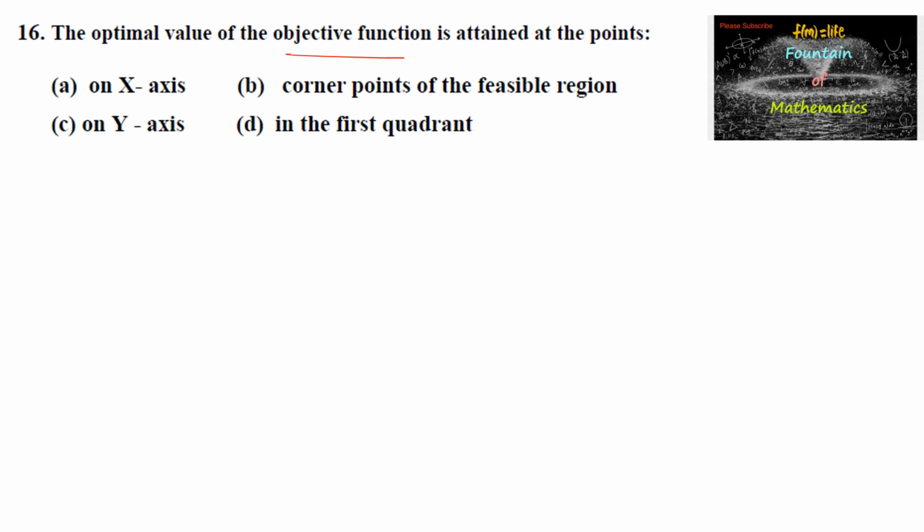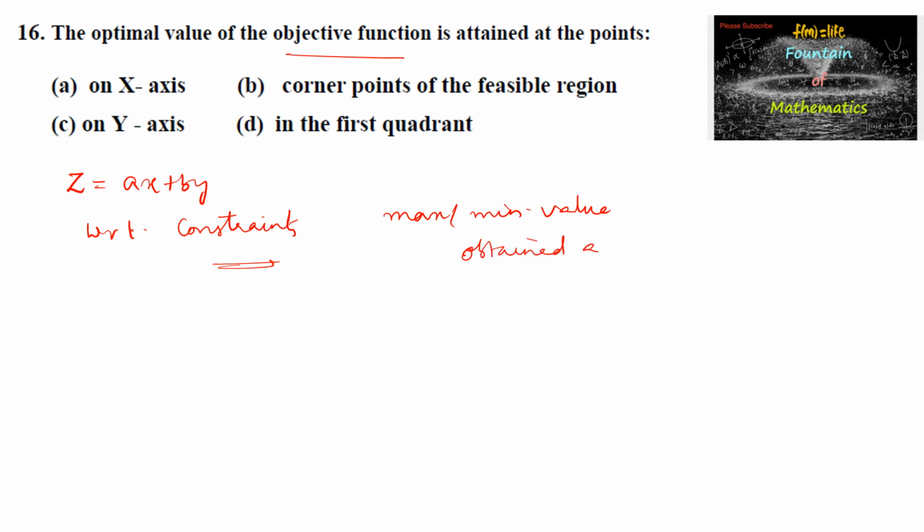And we know that for any profit function z = ax + by with respect to certain constraints, linear inequalities, the optimal value, that is maximum or minimum value, will be obtained at the point of intersection of the linear inequality lines, or we can say the corner points of the feasible region obtained by the constraints. So we can say that option B is the right answer.